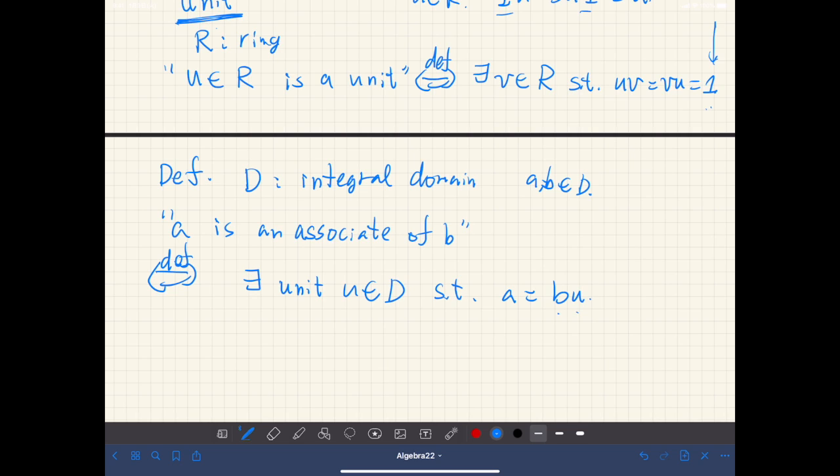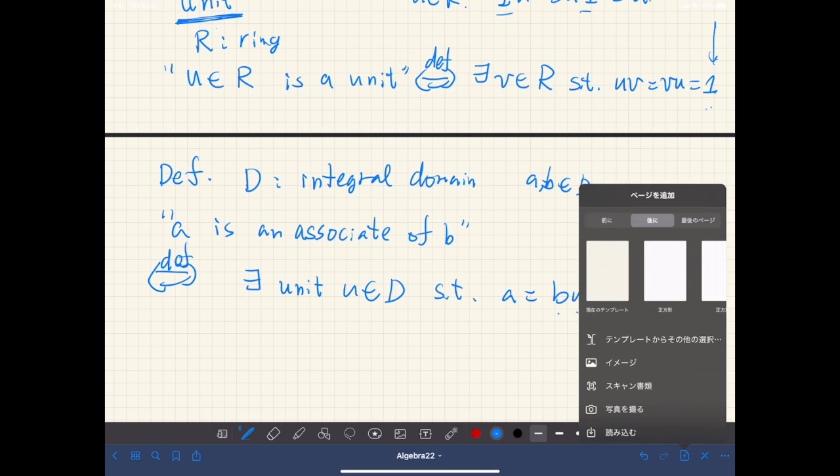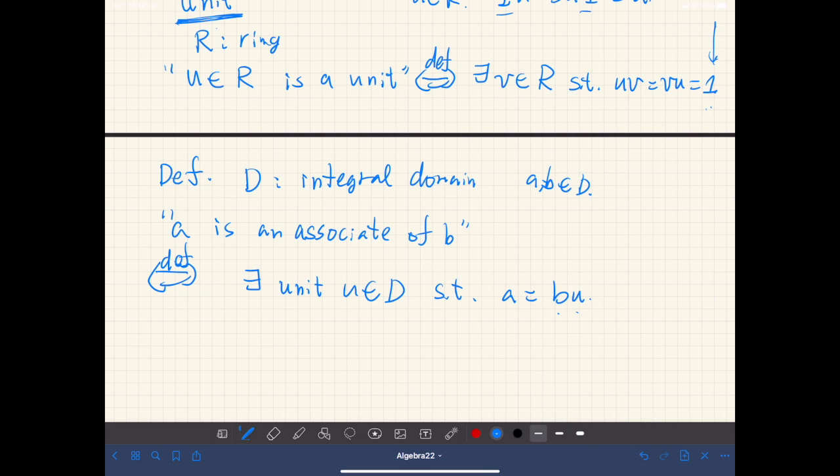So B times some unit is equal to A. In this case we say A is an associate of B.